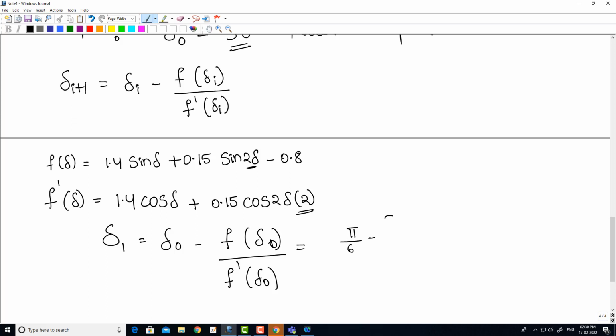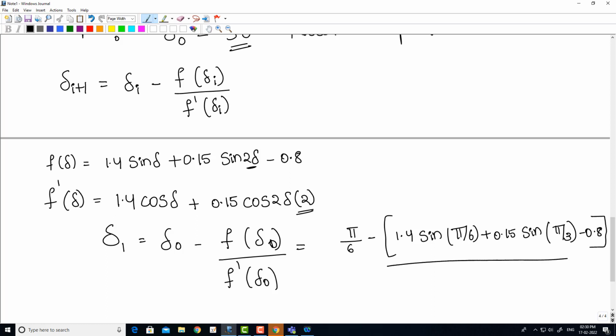Pi by 6 in radian minus 1.4 into sin pi by 6 plus 0.15 sin 2 into pi by 6, which is pi by 3, minus 0.8, divided by 1.4 cos pi by 6 plus 0.3 cos 2 into pi by 6, pi by 3.